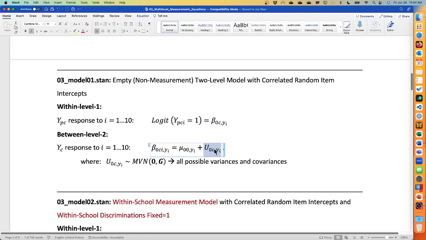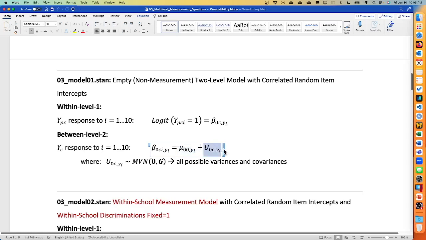And here's the kicker: each item will have a different fixed intercept, because each item has a different effective number of students who are answering it correctly. Although, again, this is not back translated. You can't get the marginal proportion of people answering the item correctly from mu, putting it on the probability scale. But because there's variation in that, each item gets its own intercept.